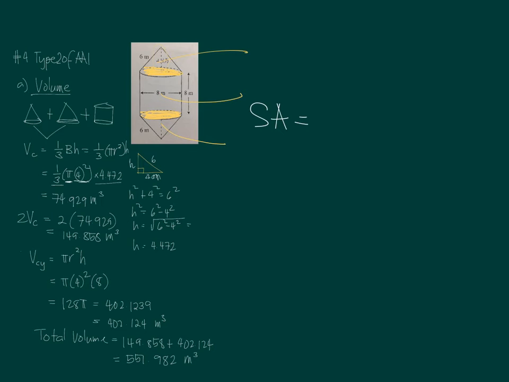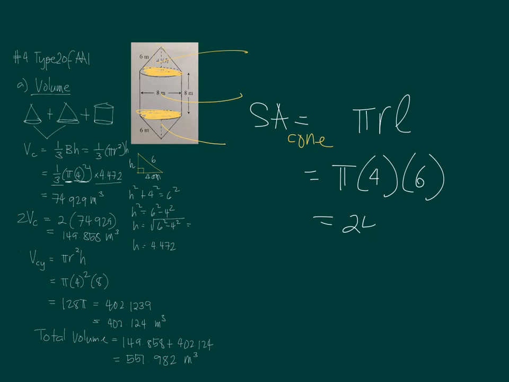Do not add the circles, they are inside the figure. For a single cone, it's simply pi r l by the formula. So pi, radius 4, and l is 6. So this is 24 pi. For the two cones, the top and the bottom, that will be 48 pi, or double the 24 pi.